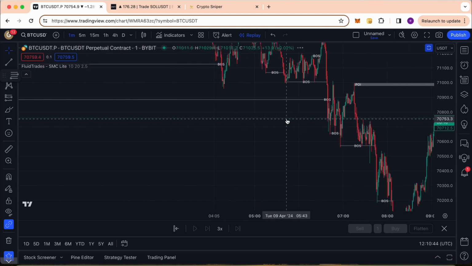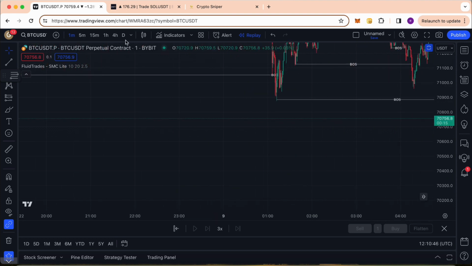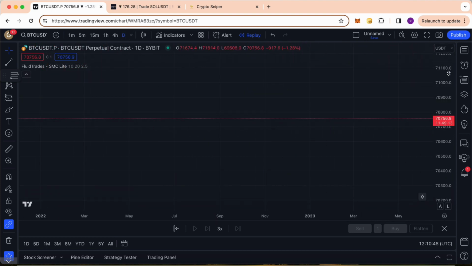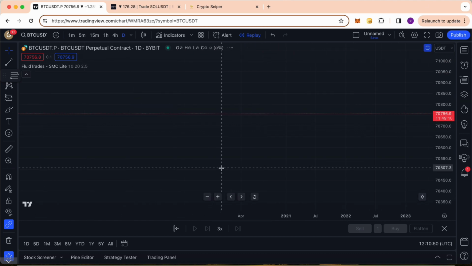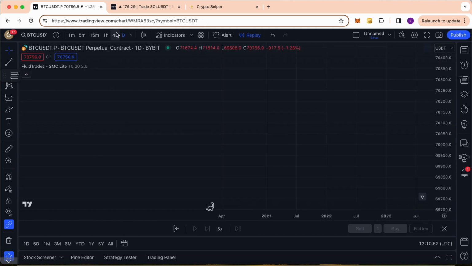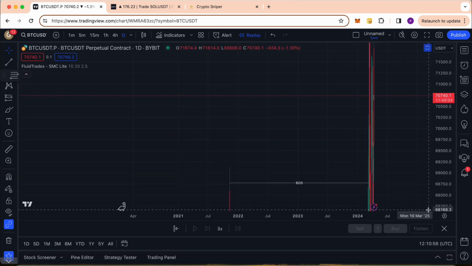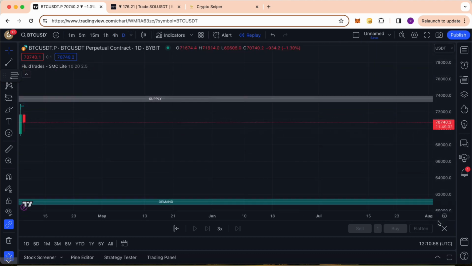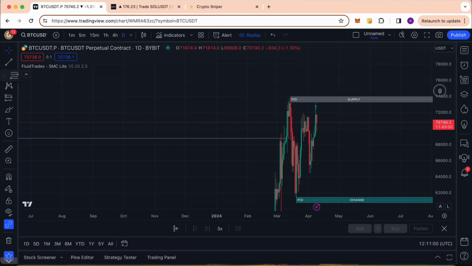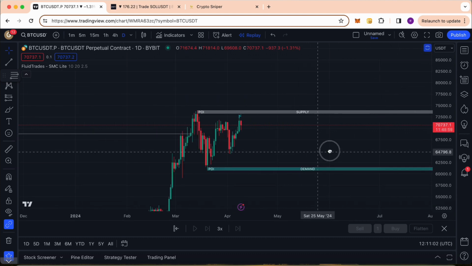But let me see some other examples in other, bigger time frames. So we can go to the daily or the 4-hour chart. And what we can do, let me make the graph smaller. In the daily we can really place a longer trade.